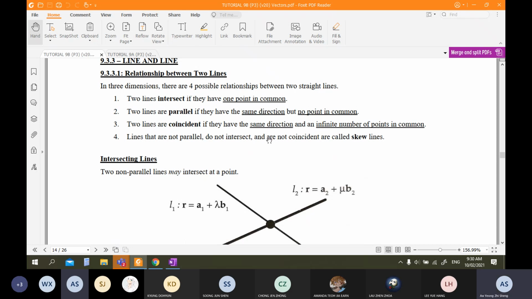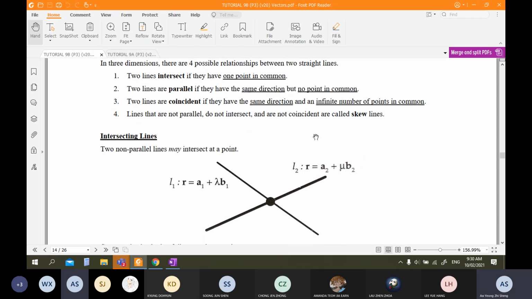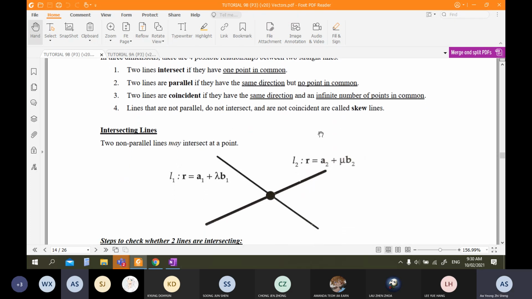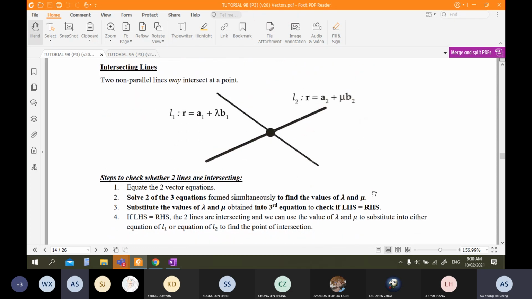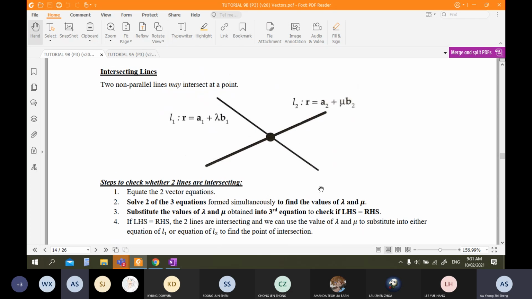In other words, they have the same direction and they have infinitely many points in common, because they completely overlap. Point number 4 says lines that are not parallel, don't intersect, and are not coincident are called skew lines. So let's drill further into intersecting lines.